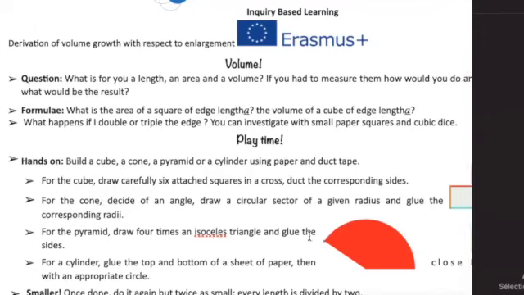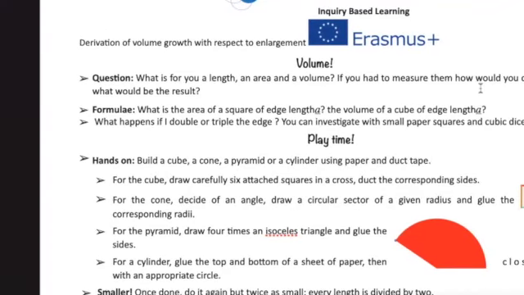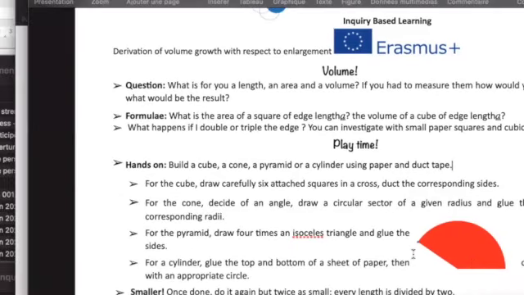For example, for the cone, which is my favorite, you just choose an angle, and then with a compass you choose a radius and make a portion of a circular sector, and you glue it back so that you have a cone of a given size.